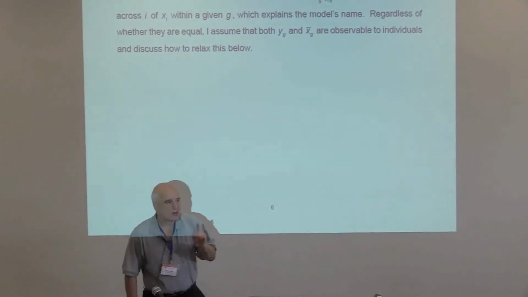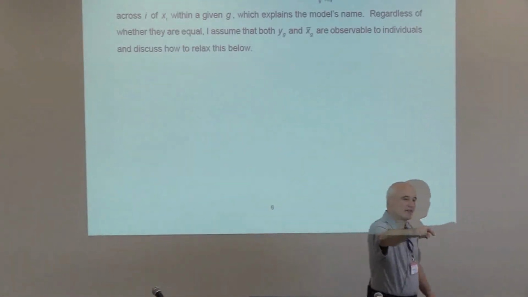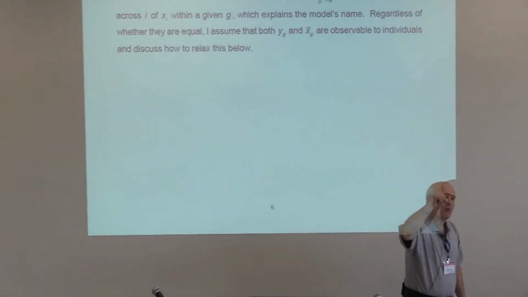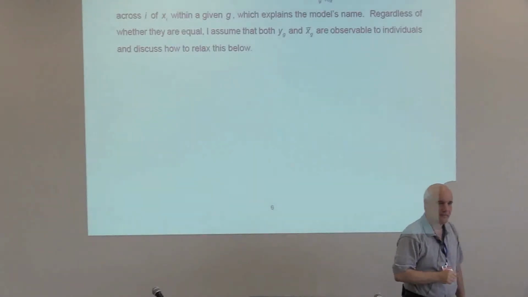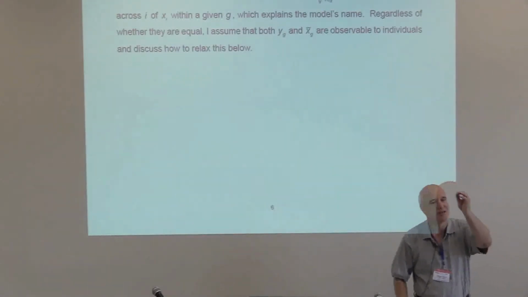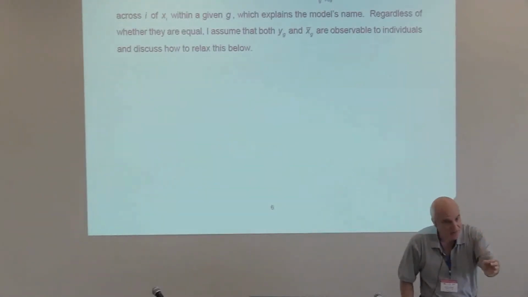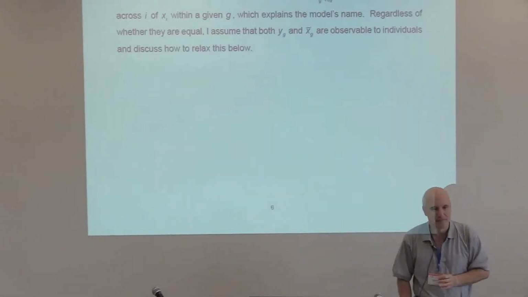Everybody with me? So if I say to you, your parents' income has an effect on you, that required that the model also say that average parental income in your group has an effect on you. If your parents' educational attainment has an effect on you, the average of the parental educational attainments in the community has an effect on you.